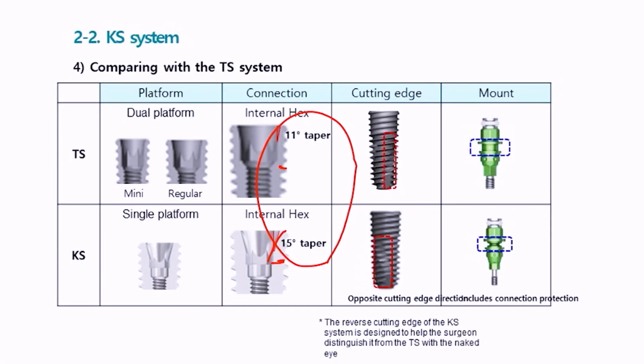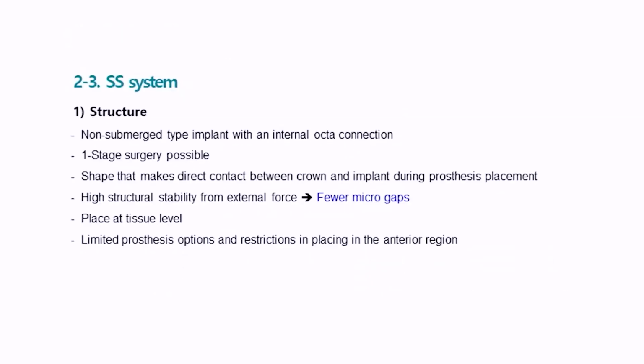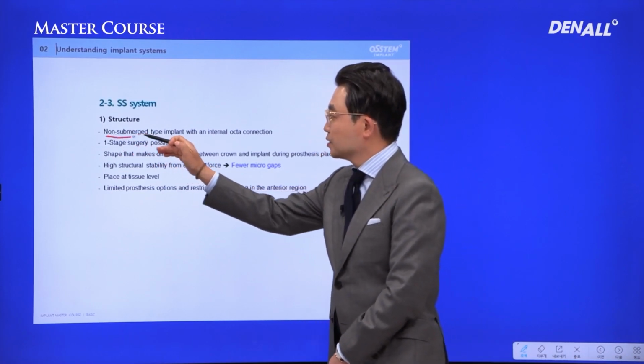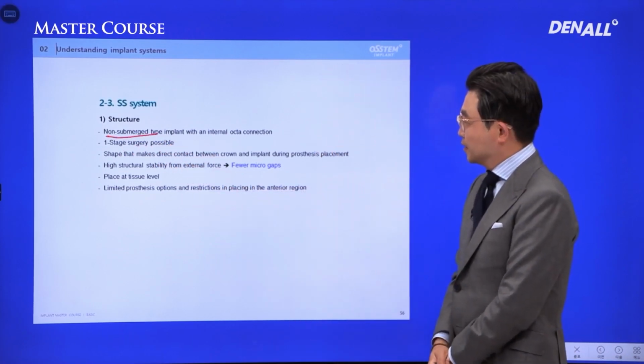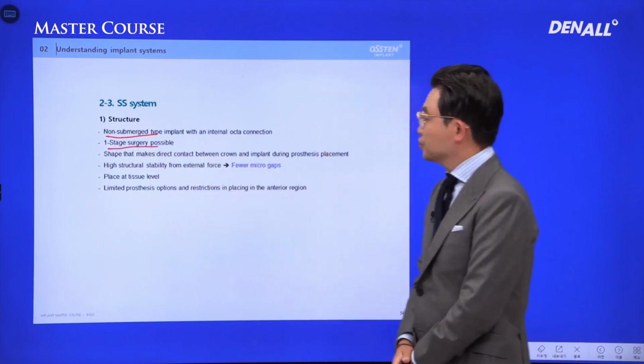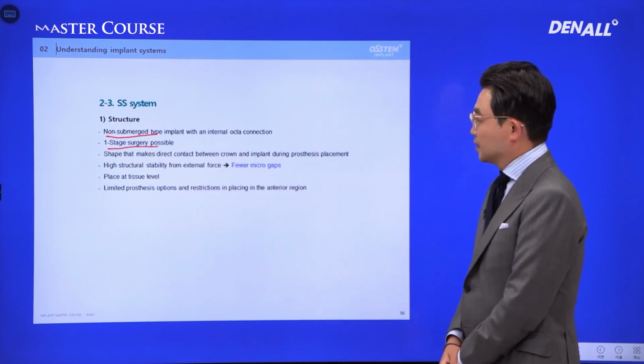For the SS system, personally, I actually prefer and like this system because the SS system basically has a 1.8 to 0.84 height, so it cannot be submerged. It always needs to be non-submerged, so you can only do one-stage surgery. It is tissue level, so it needs to be placed at that level.